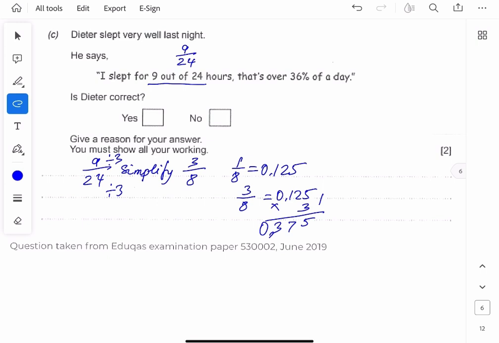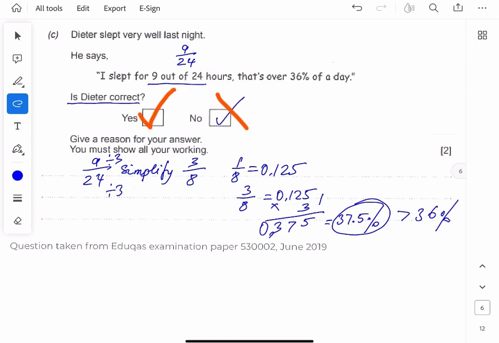Okay, and that is a decimal, and we can easily change it into a percentage by multiplying by 100. So multiply by 100, move the point 2 places to the right, and you get 37.5%. So now you can see it's bigger than 36%. So he is right, that is over 36%.